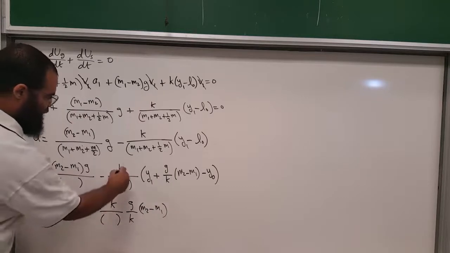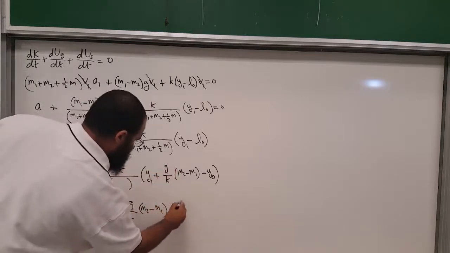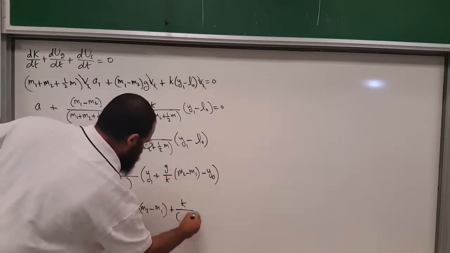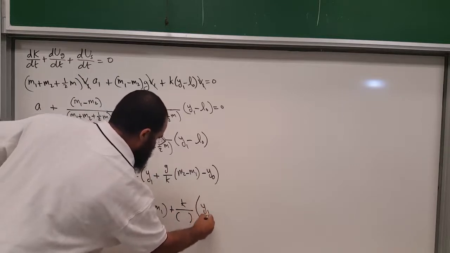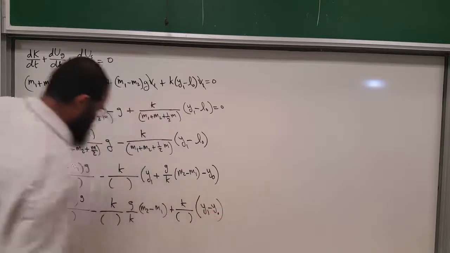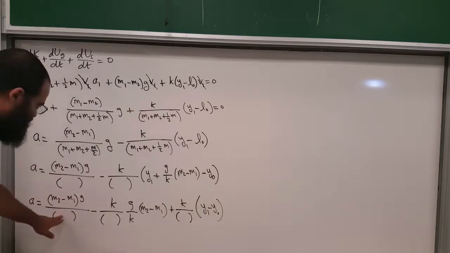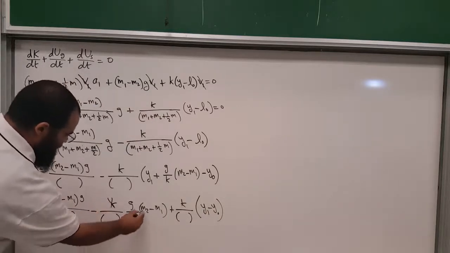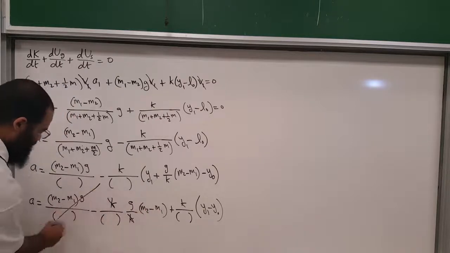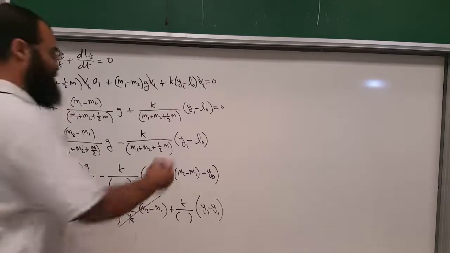And so I multiply this by that, and then plus k over this stuff times y1 minus y0, like so. And notice m2 minus m1 times g over stuff, the k cancels, m2 minus m1 times g over stuff, so this whole thing cancels, and that's a good thing.